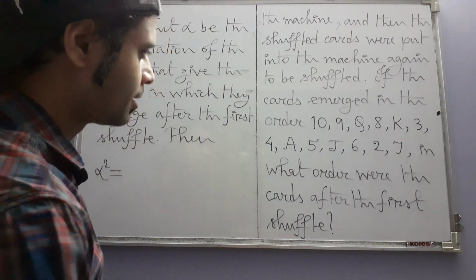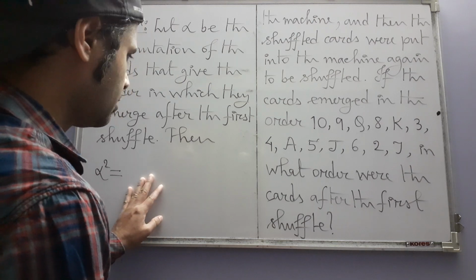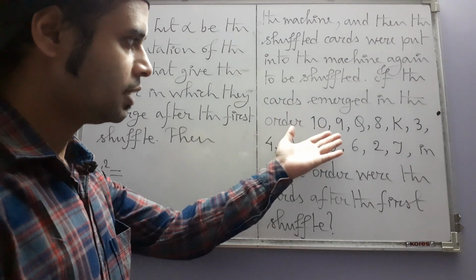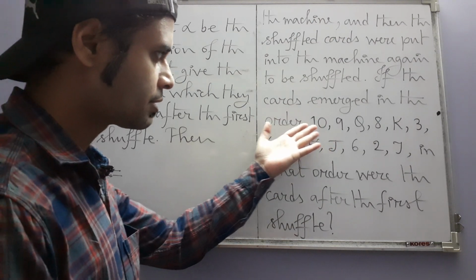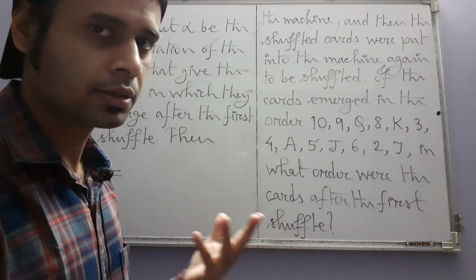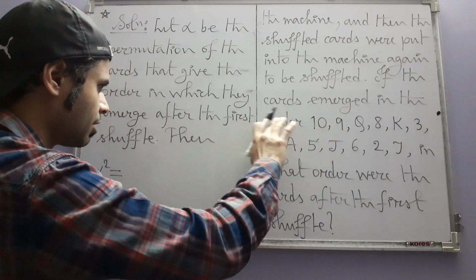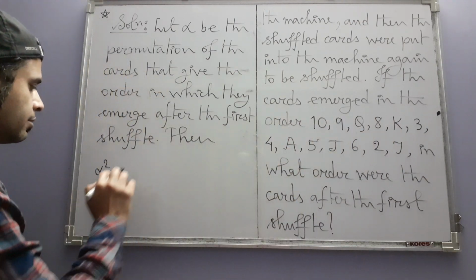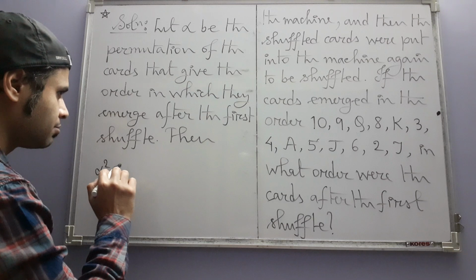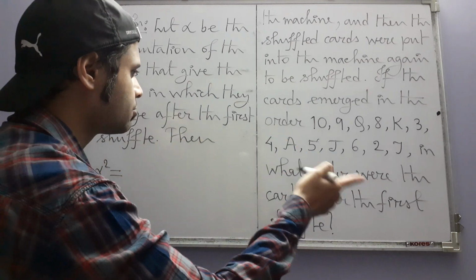So we need to carefully note that alpha square is given, but alpha square is not just simply these symbols. What this list says is that alpha square is that permutation which gives rise to this order.